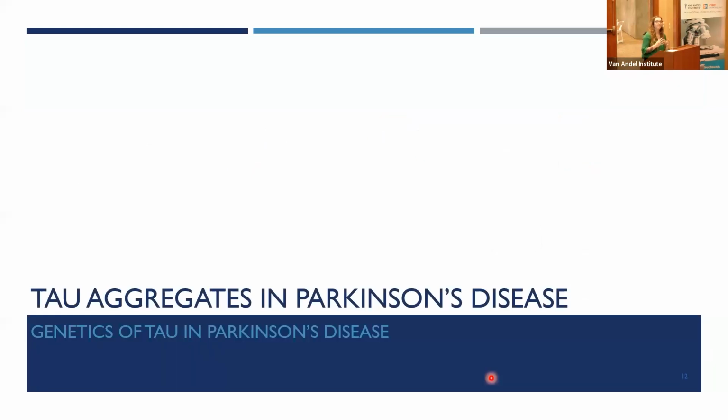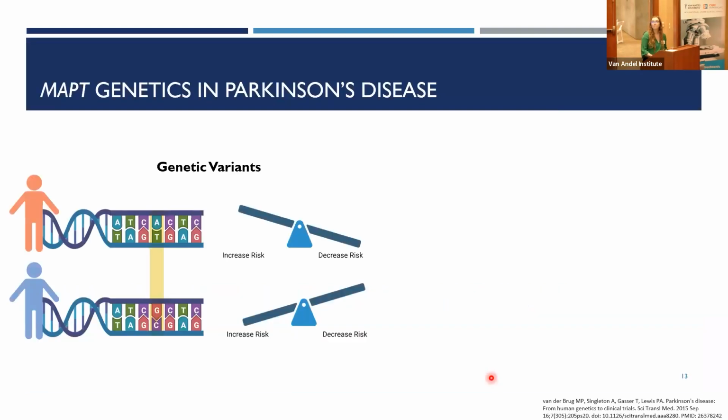So now that we know how it misfolds, how it aggregates, it's important to understand how this works in the context of Parkinson's disease, because that's why we're all here. And when we look at the genetics of Parkinson's disease, right, we have genetic variants. You have genetic variants all across your genome, right? And that's just a change in the genetic sequence in your DNA.